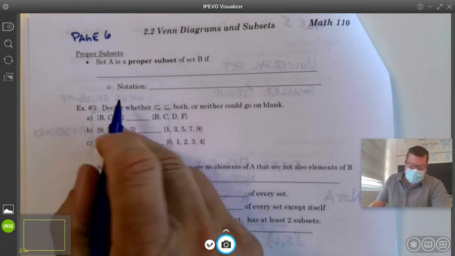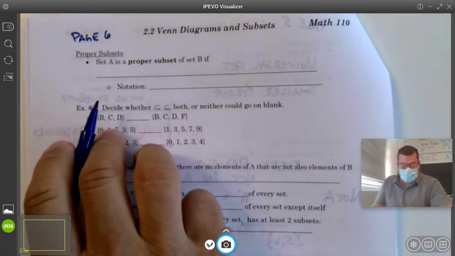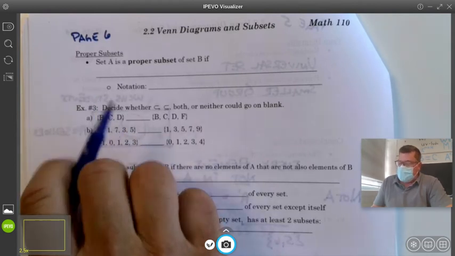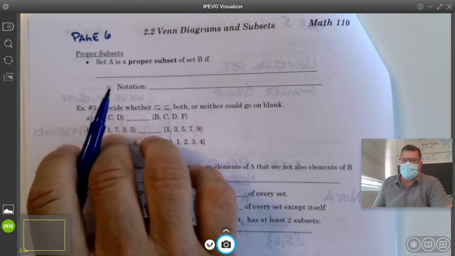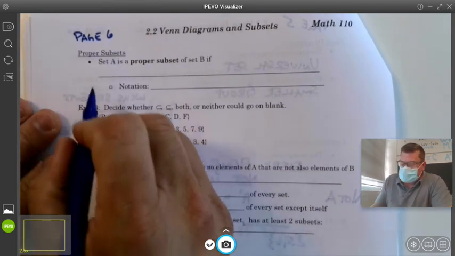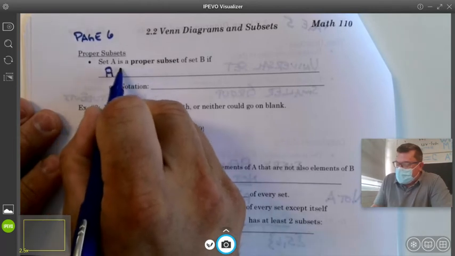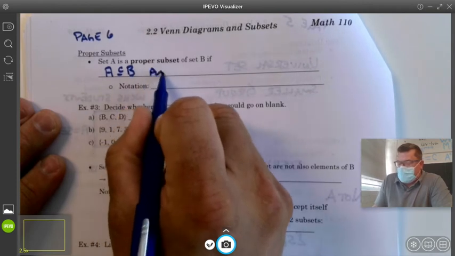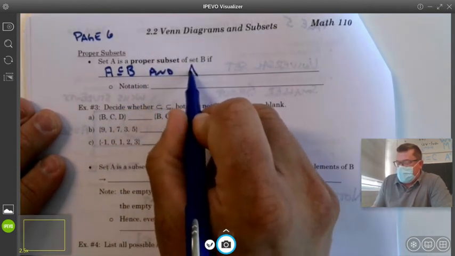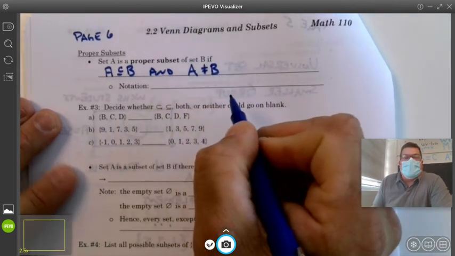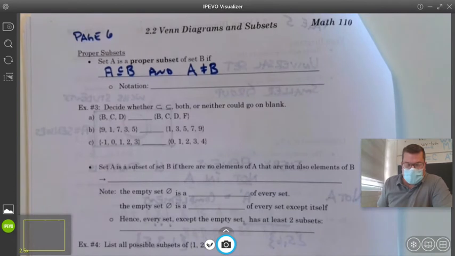A proper subset is a subset of B, and it can't equal B. So A is a proper subset if it's a subset of B, and at the same time, A can't be B. So any subset, as long as it is not itself.